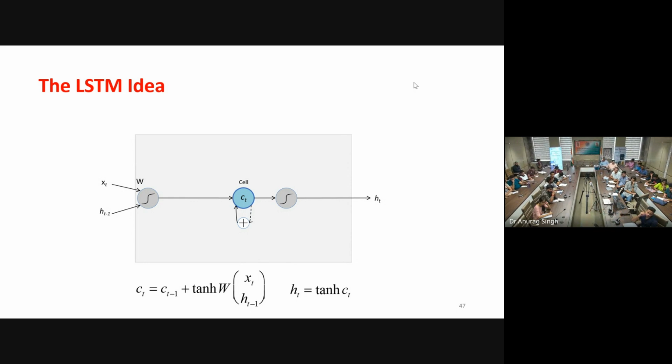And what is your s t? s t will depend on what is the content at time t. So when I differentiate this c t with respect to c t minus 1, this will become 1. So this will be able to take care of the overflowing or vanishing gradient problem.